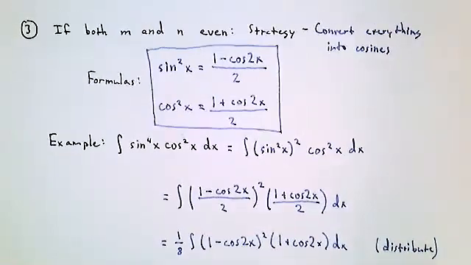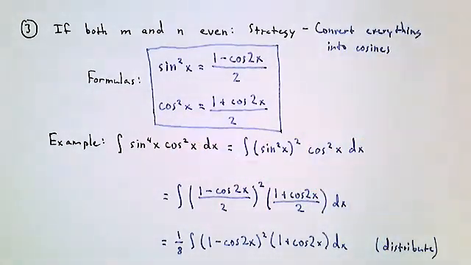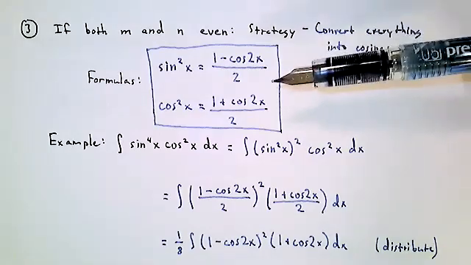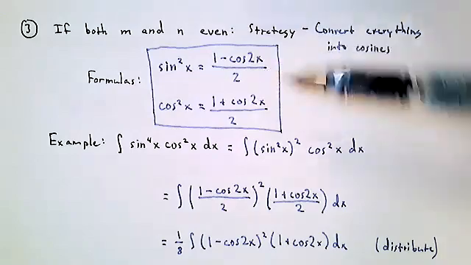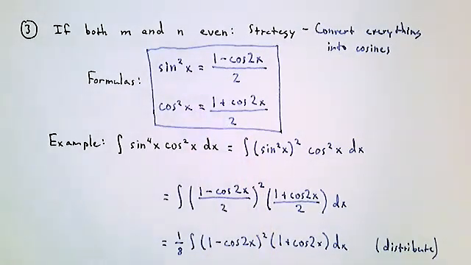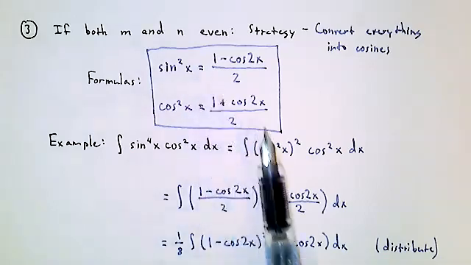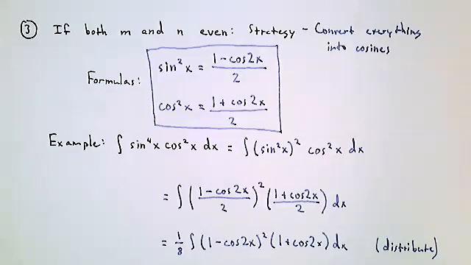And then the third strategy applied when both powers were even, like this one, we have sine to the fourth and cosine squared. And for this, you'll have to use a different formula. This is sometimes called the double angle or half angle formula. And you convert everything into sines, you convert everything into cosines, as you can see here on the right side of both of these formulas.